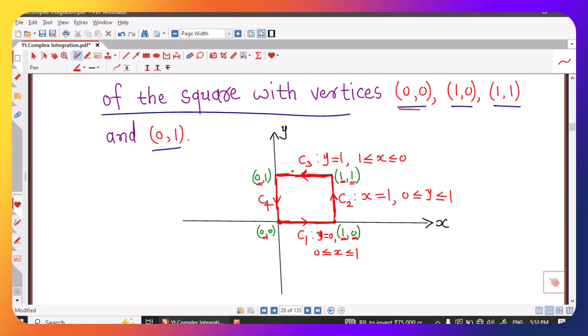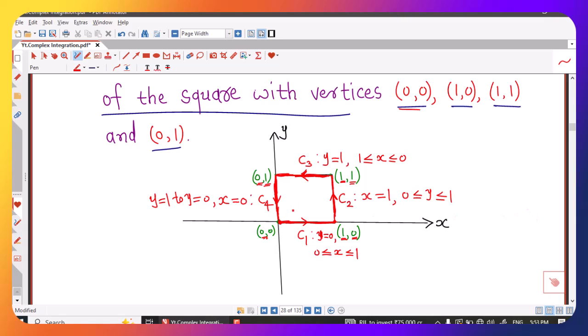So x is from 1 to 0 for C3. And C4 is along y-axis. So we know that for y-axis x is always 0, and because we are going in this direction, we will consider y from y equal to 1 to y equal to 0.